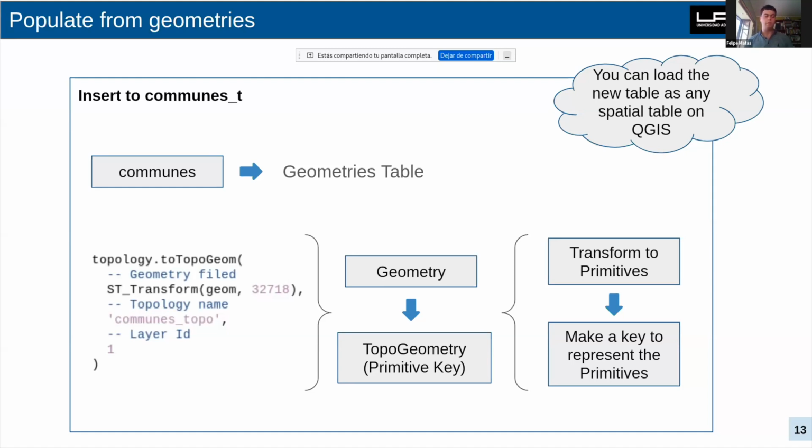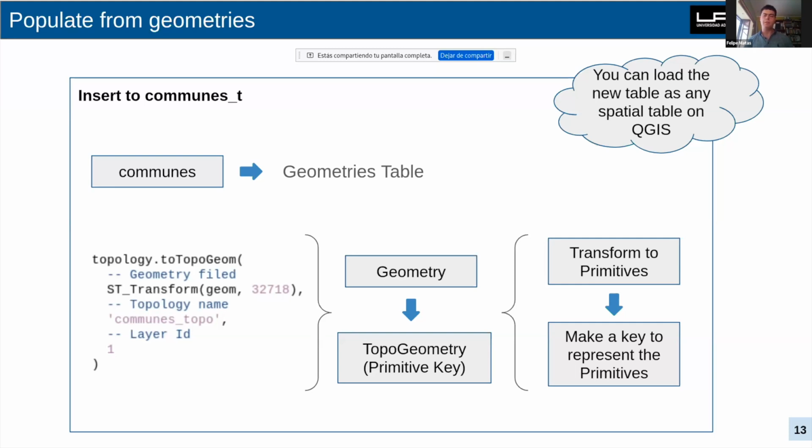We can perform this with the toTopoGeom function. We pass the geometry, then the topology name, and then the layer ID, which is 1. This will pick the geometry, transform it to primitives, merge them in the topology, and pick these primitives and create a key, which will represent them. And this is the topogeometry.